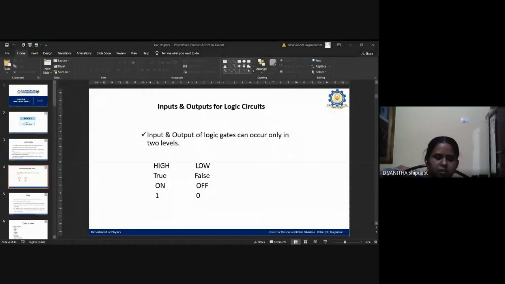Next, what is meant by logic? Here, the logic is one in which the voltage levels represent logic 1 or logic 0.